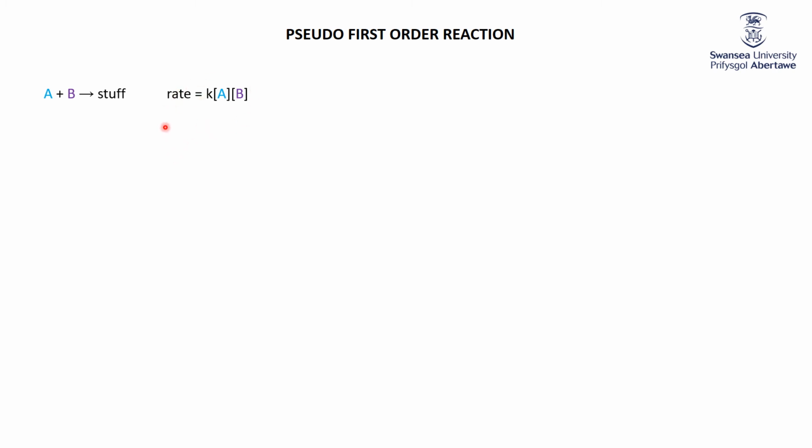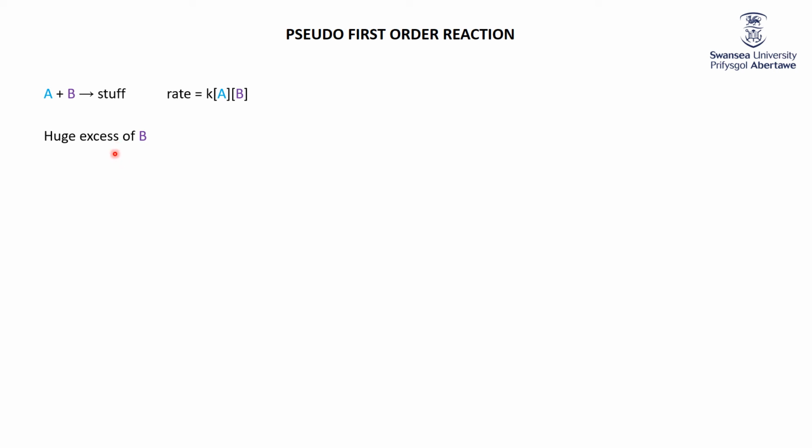Well, a lot of times what you'll do is you will study reactions under so-called pseudo first order conditions. What that means is that you take a huge excess of one of your reactants. In this case, I'll pick B. Tons and tons more B than A. So that means, of course, going back to early concepts, A is very much the limiting reactant.